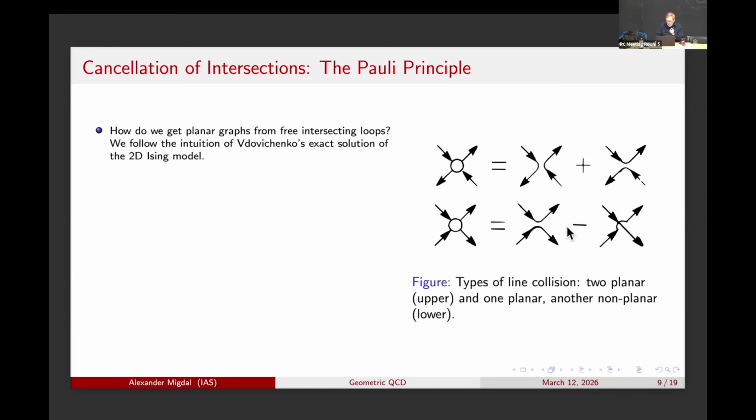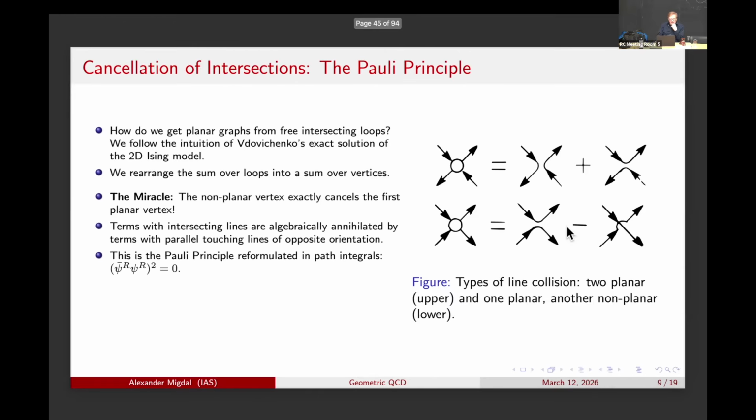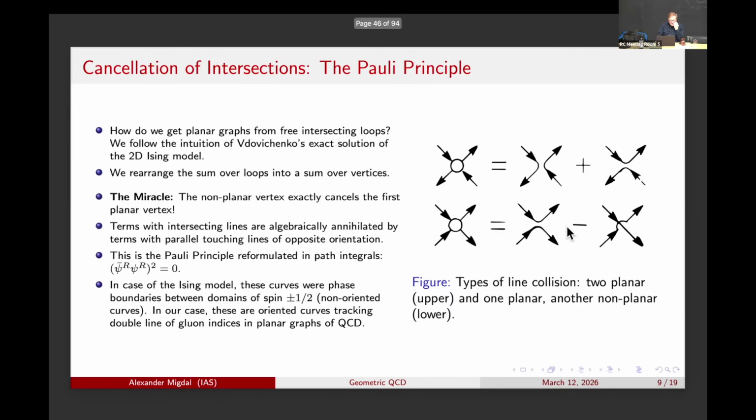They canceled because of the Pauli principle. That's the way to formulate the Pauli principle in terms of paths. You add one more dimension, but the principle is the same. Okay, so they cancel. Now that's a manifestation of the Pauli principle reformulated in terms of path integrals.